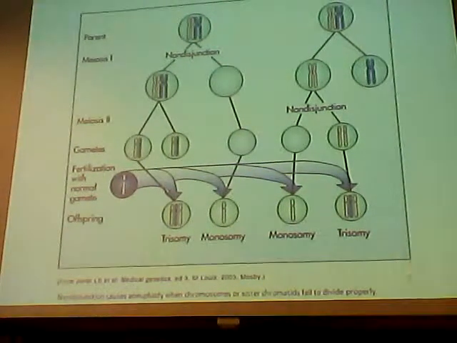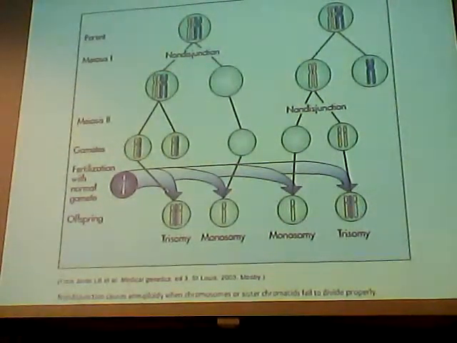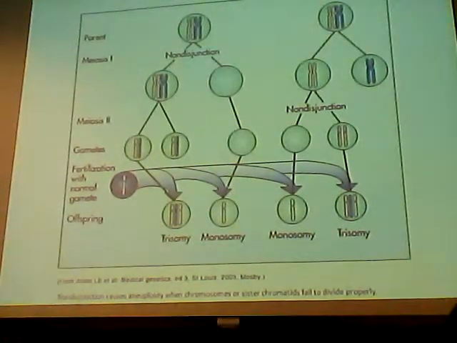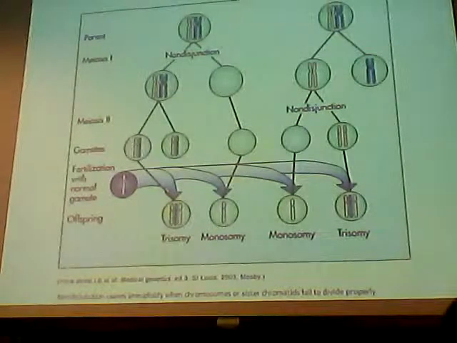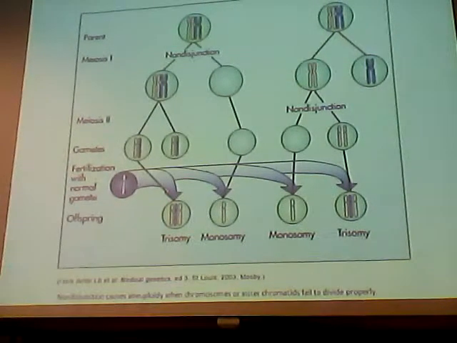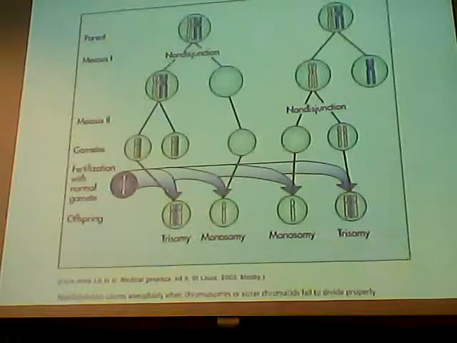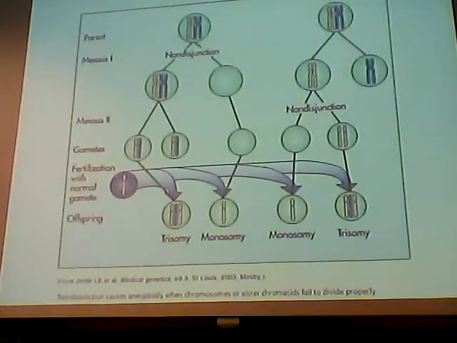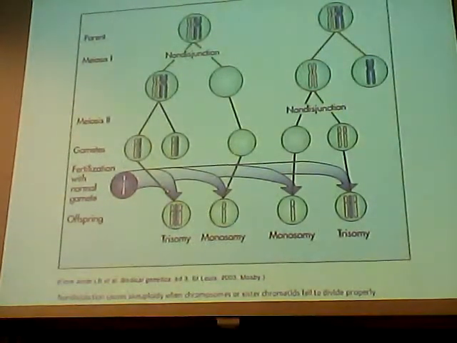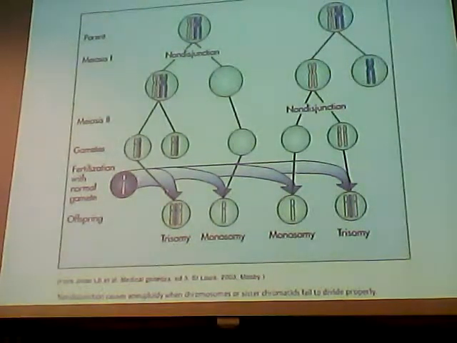Does that make sense? On this market it says non-homologous balanced and homologous balanced. So non-homologous balanced would be the translocation. Homologous but balanced is just a regular recombination, or crossing over.